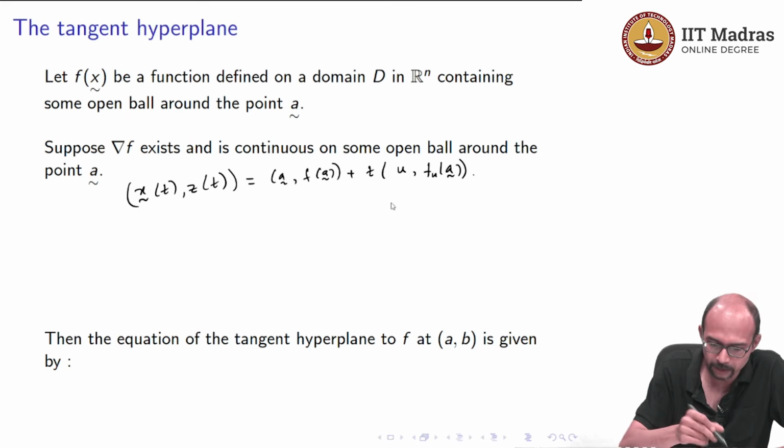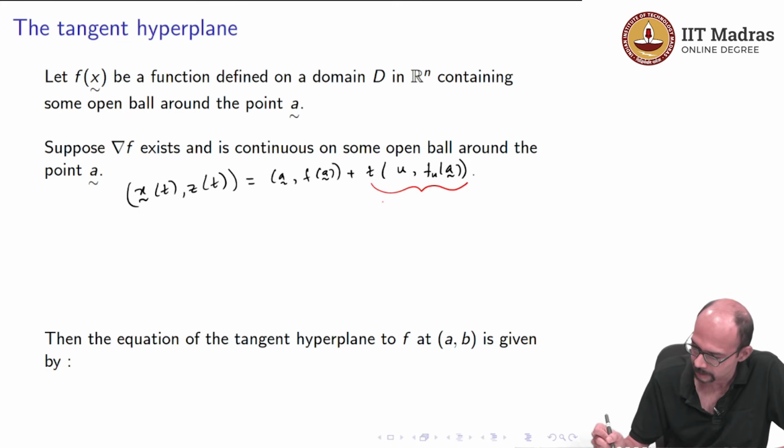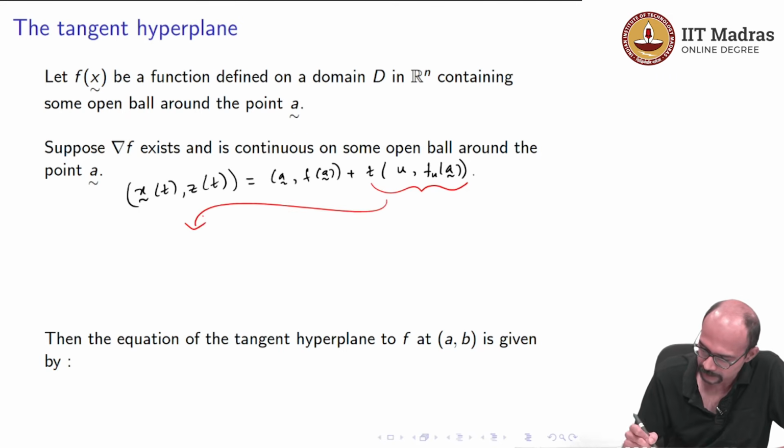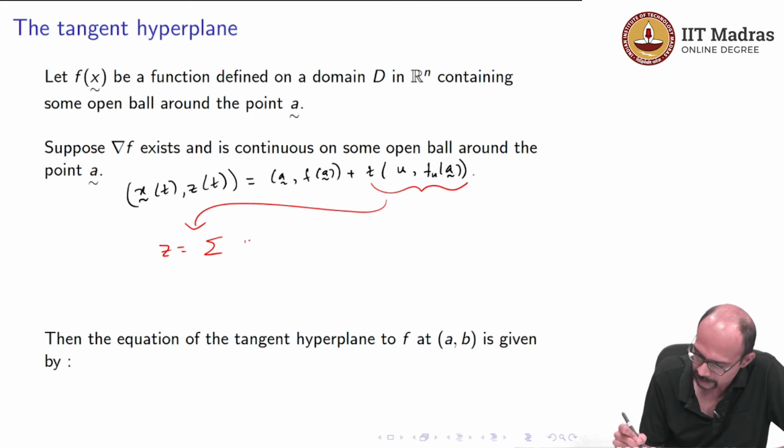Notice that this part of the equation satisfies the following identity: the last coordinate, which we call z, satisfies that z is equal to the summation of ui times the gradient, or rather the ith coordinate xi times del f del xi at A tilde.